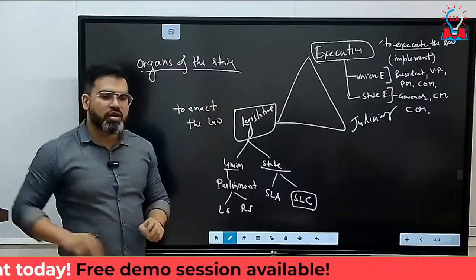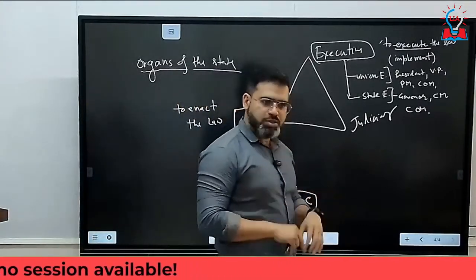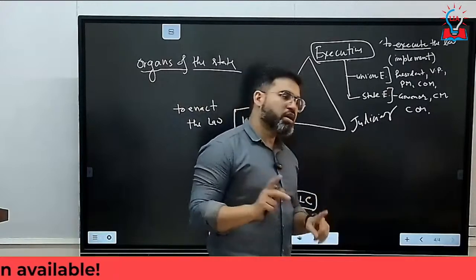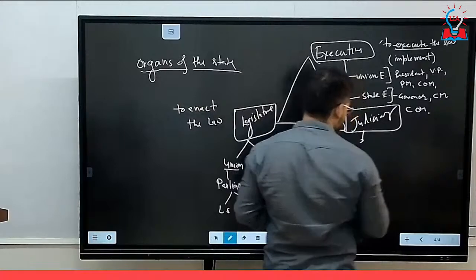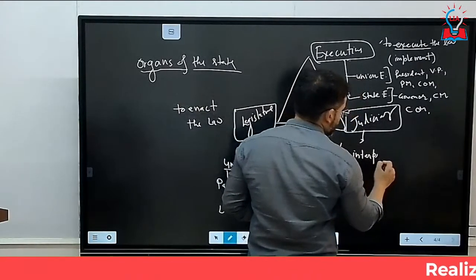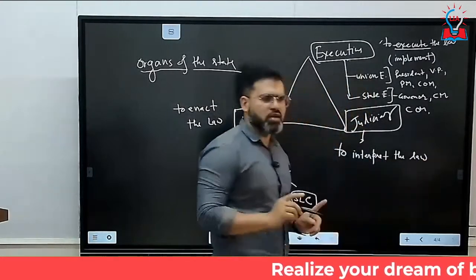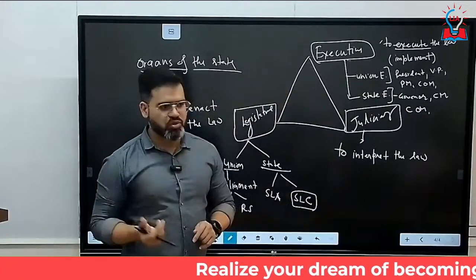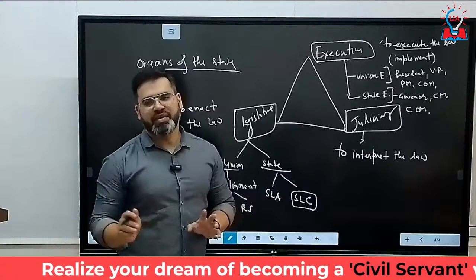Now judiciary. What is the work of judiciary? Dispute resolution, all these things. But what will be the main important work of judiciary here? To interpret the law. Main work is this. Other works are also there, to resolve disputes between two parties. But the main work is to interpret the law.